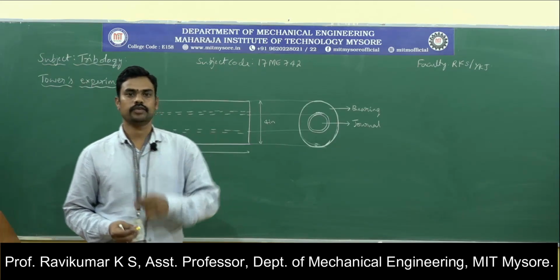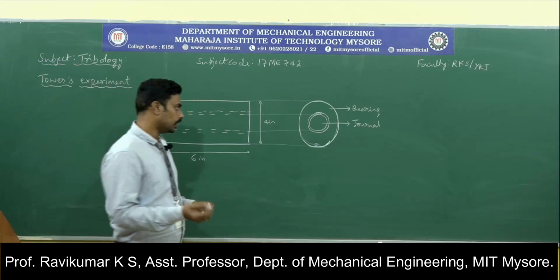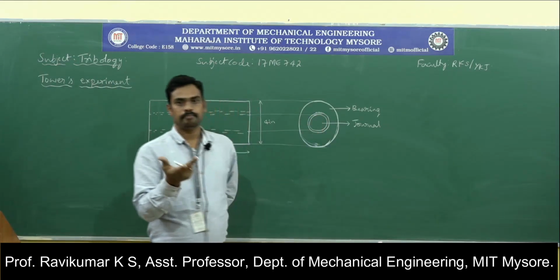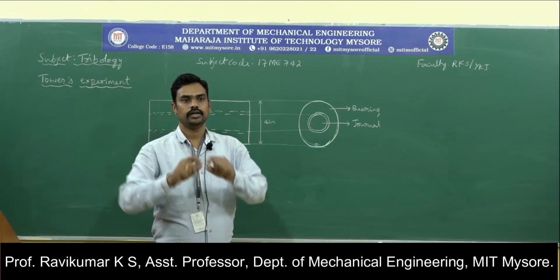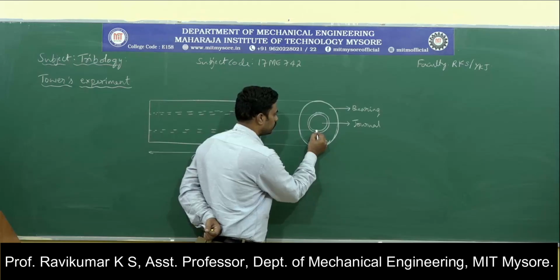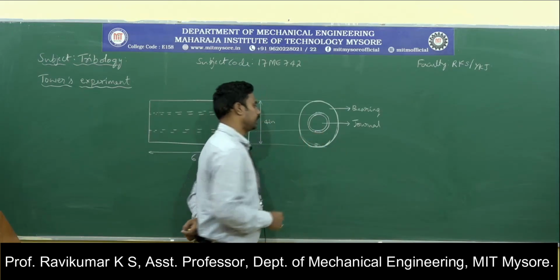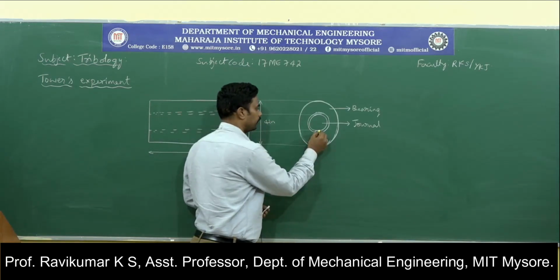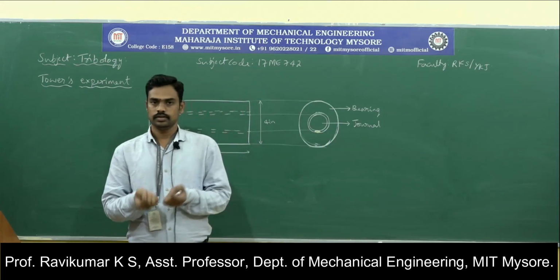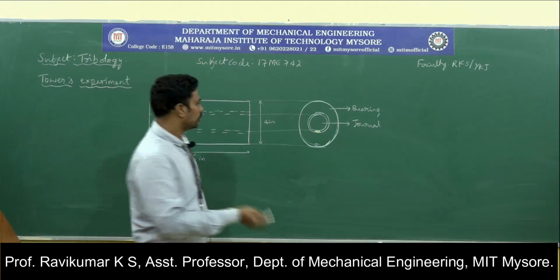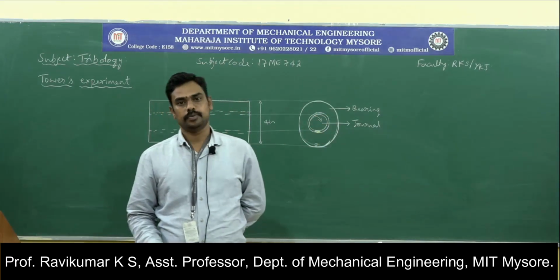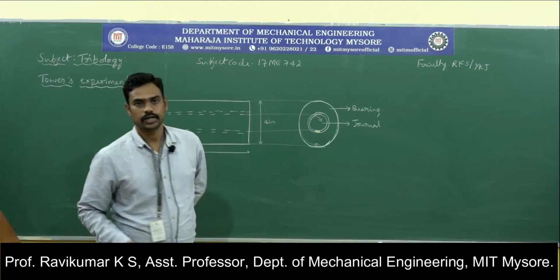In his second set of experiments, Tower introduced a pad which contained an oil bath of the lubricant. He kept the pad here, something like this, and conducted the experiment by running the journal.